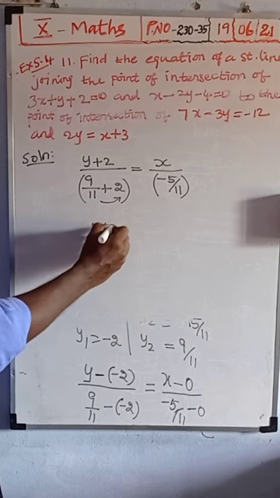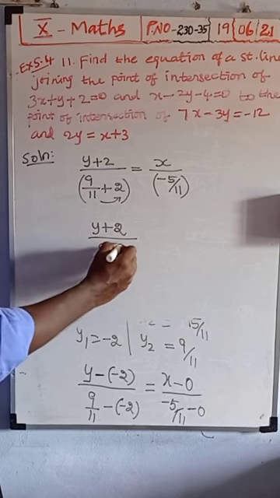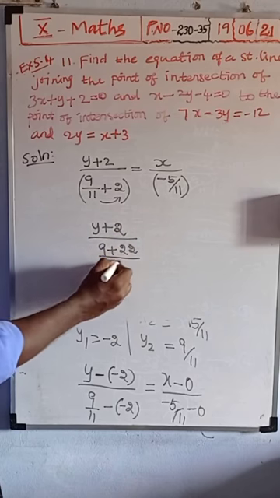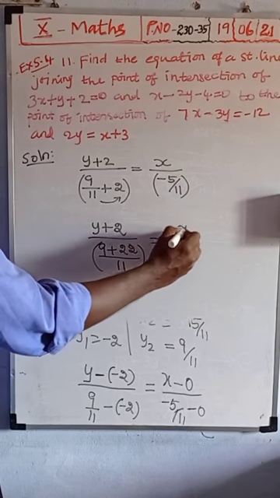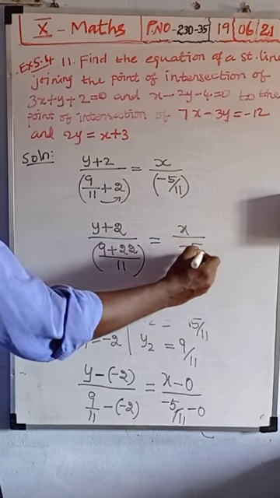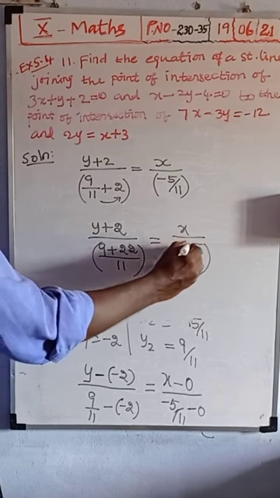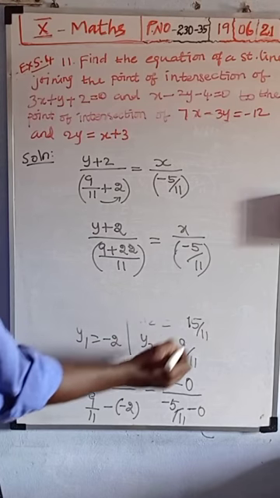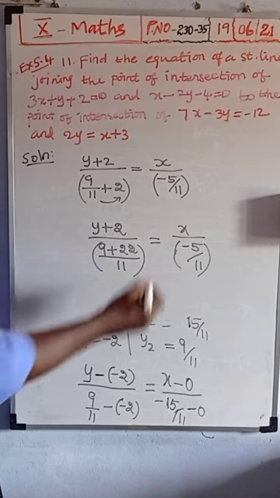So y plus 2 whole divided by 9 plus 2 11s are 22, whole divided by 11, this is equal to x by minus 15 by 11. Here x2 is 15 only, so minus 15 by 11.